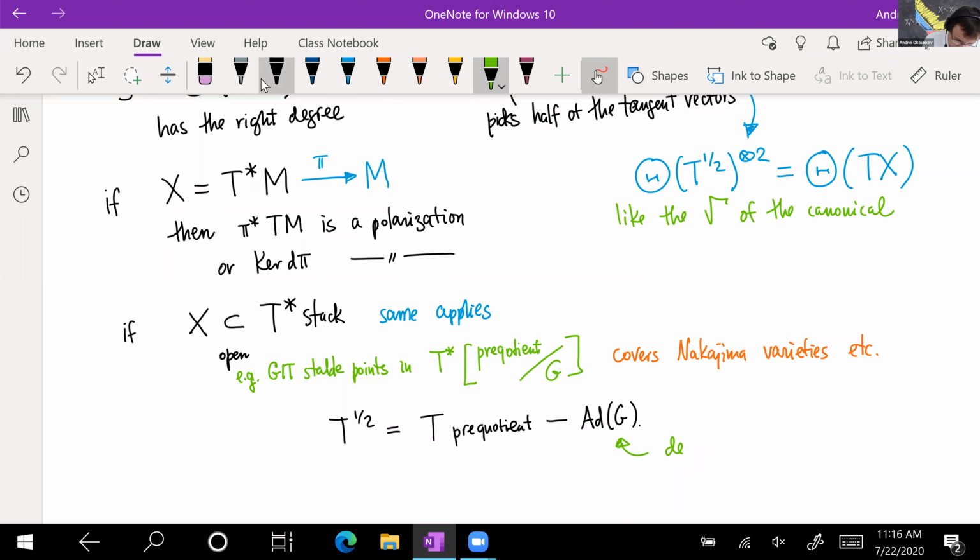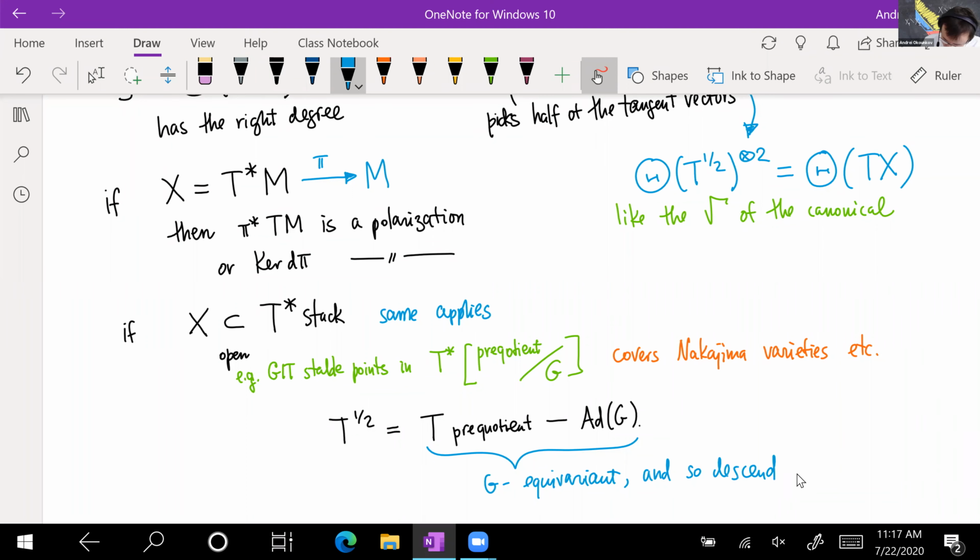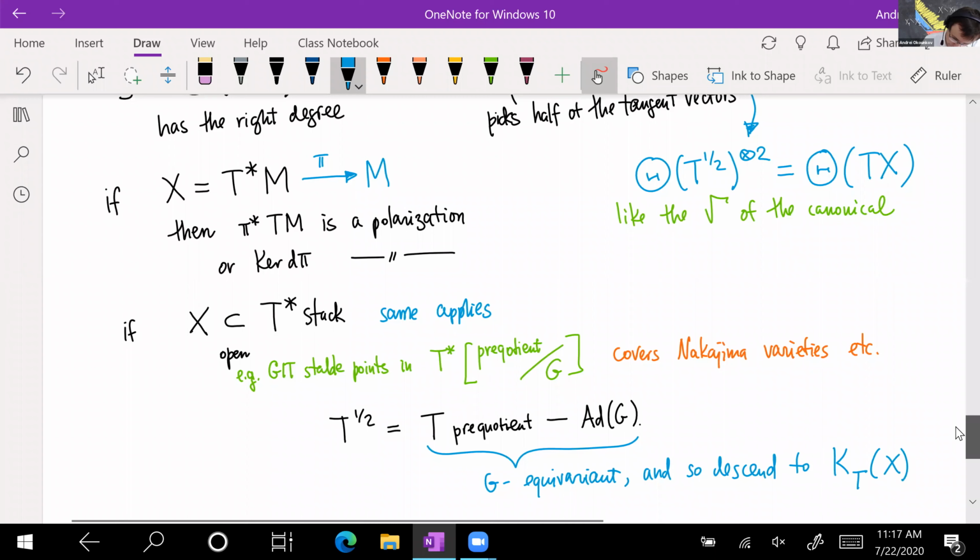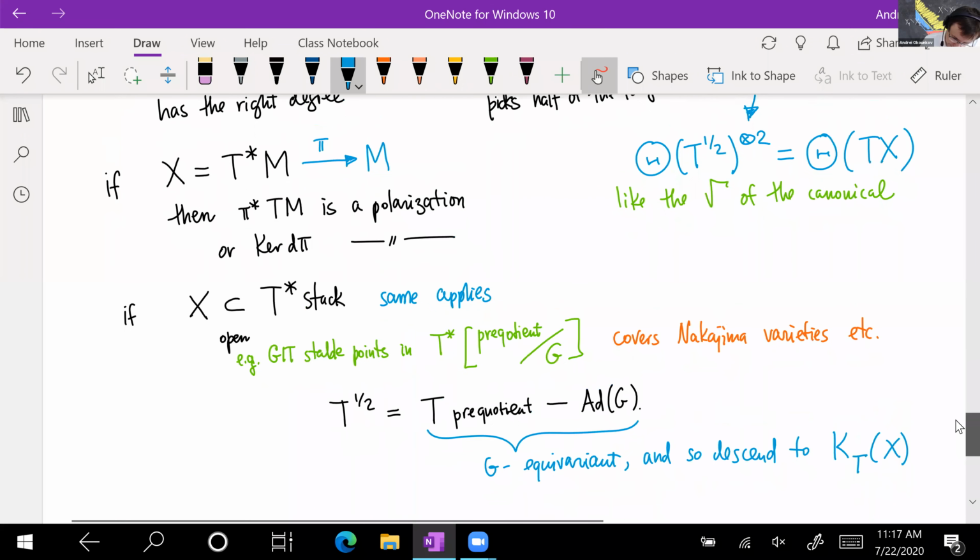Both are G-covariant bundles, giving an element of KT. All right.